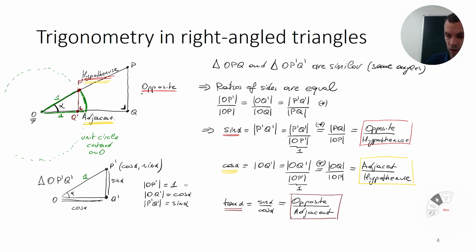So the opposite divided by the adjacent. So you see in each case you have to select the right lengths of the sides and divide them in the correct order, and you get sine, cosine, or tan accordingly. These are very important formulas. Copy them on your formula sheet, but I would also recommend memorizing them because they're so fundamental that you're going to be using them all over the place, and it's good to have them at your fingertips.